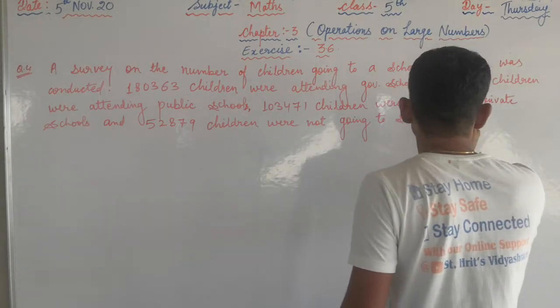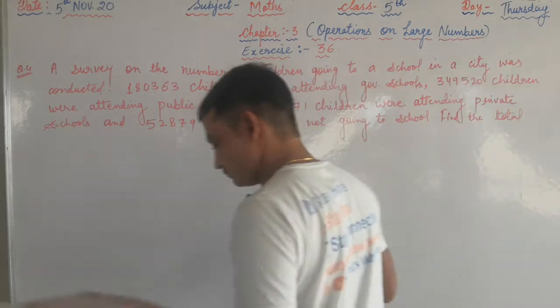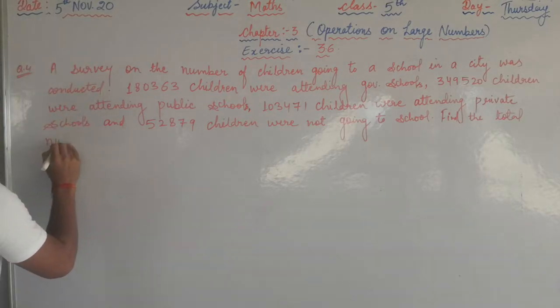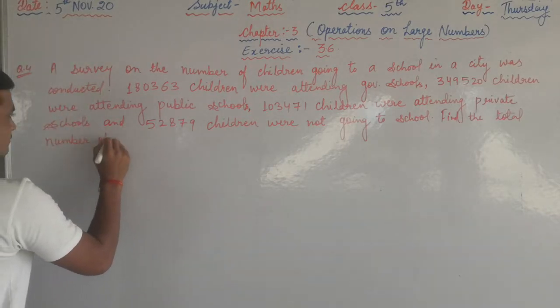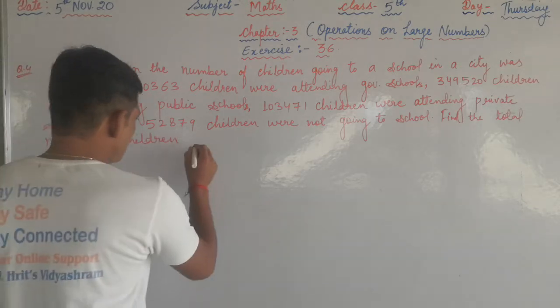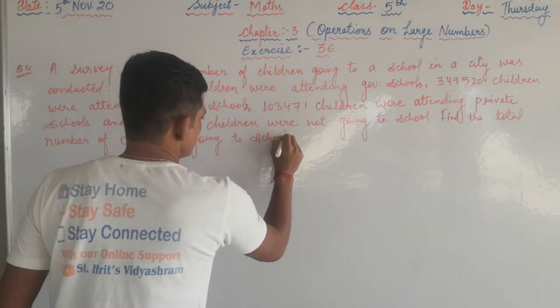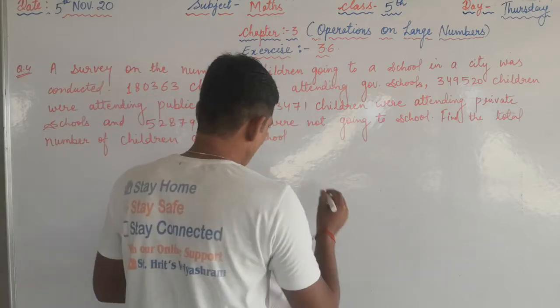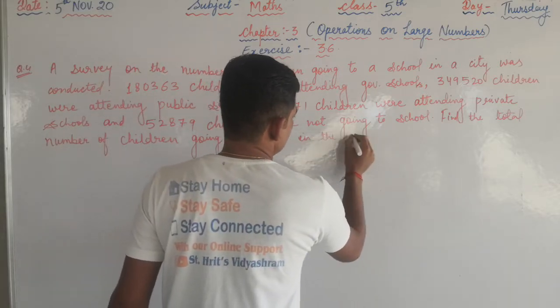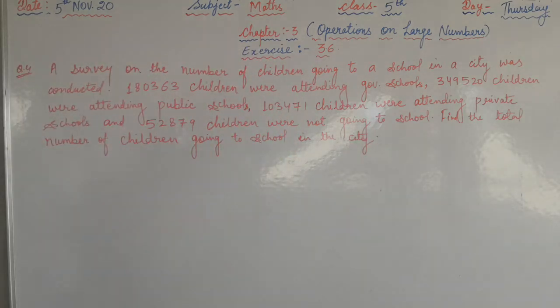Find the total number of children going to school in the city. Now this is the question. The remaining part of this question we discuss after solving the given question.